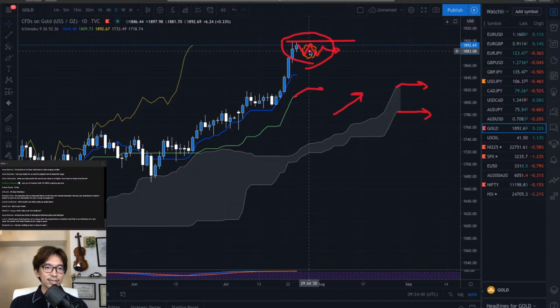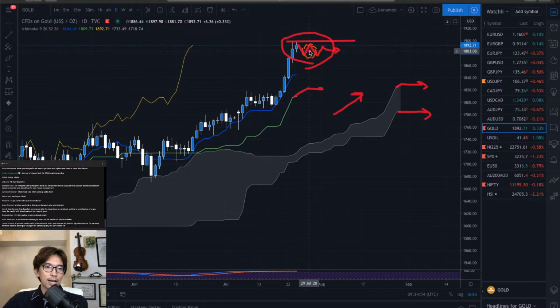So that's basically how I capture the exit timing in higher time frames and in lower time frames.